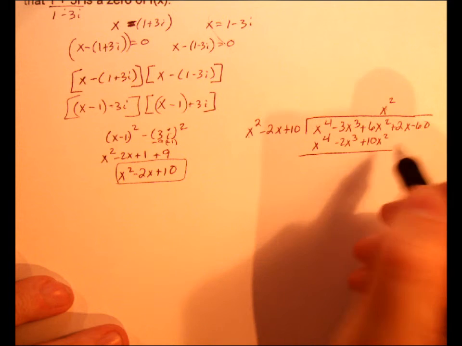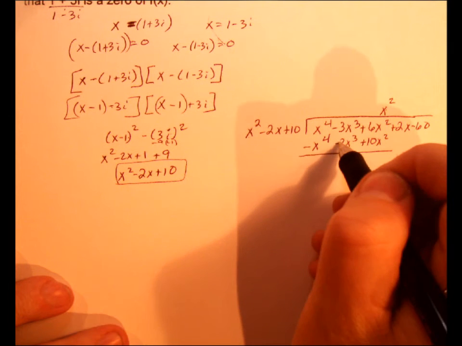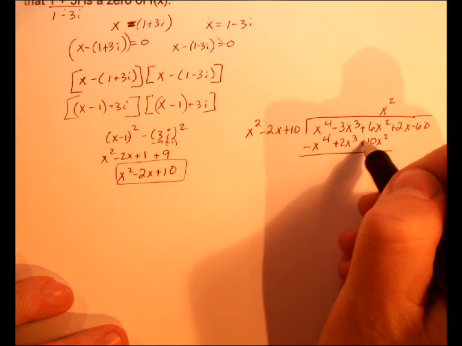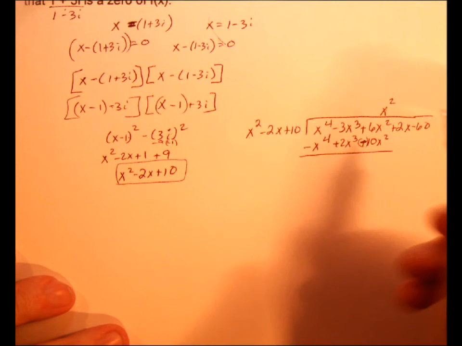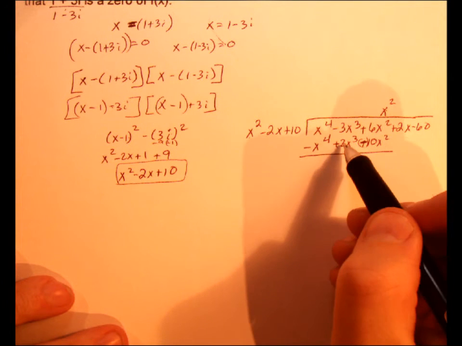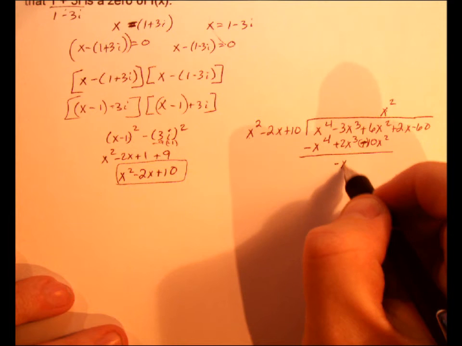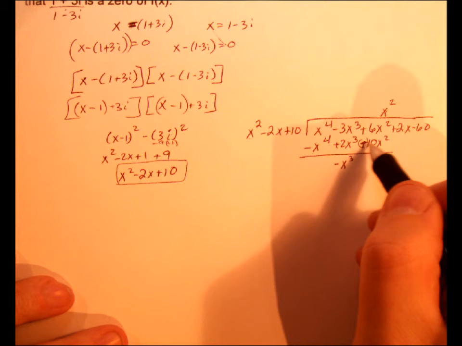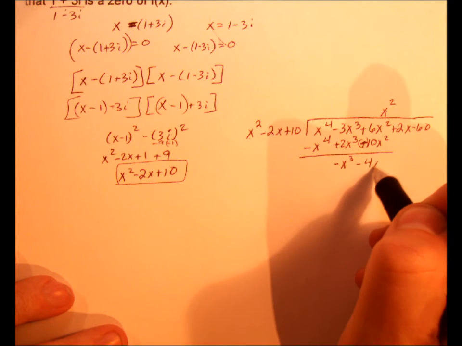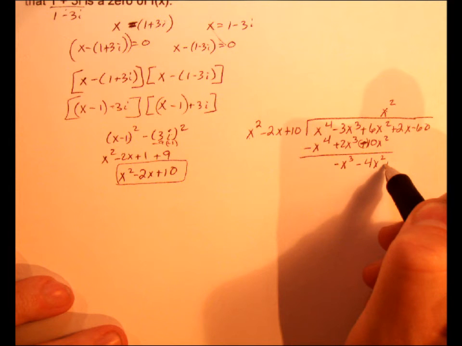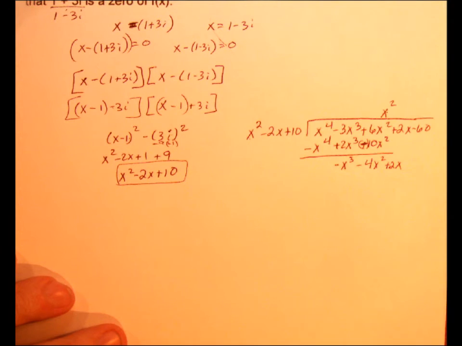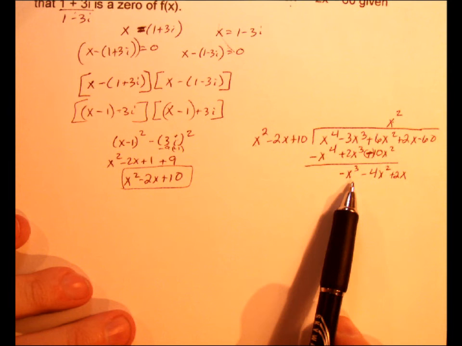We subtract next, so I'm going to go through and just change all those signs so I don't forget. That's a minus. So those go to 0, and negative 3 plus 2 is a negative 1x cubed. 6 minus 10 would be a negative 4x squared. Drop down the 2x. So we do x squared times what is a negative x cubed.